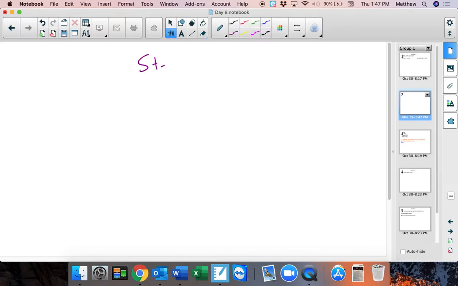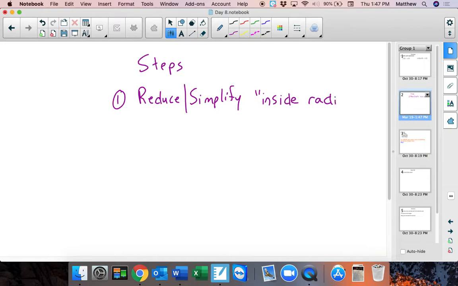Okay, steps. Number 1, especially since we've introduced dividing radicals, we want to make sure we reduce, or you could call it simplify, whatever you like, inside the radical. What do I mean by this?